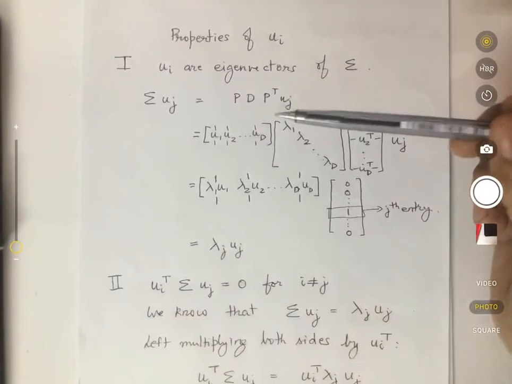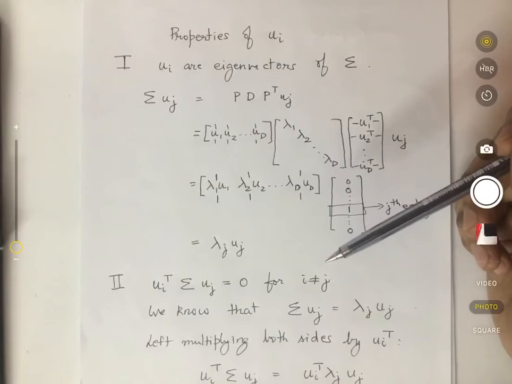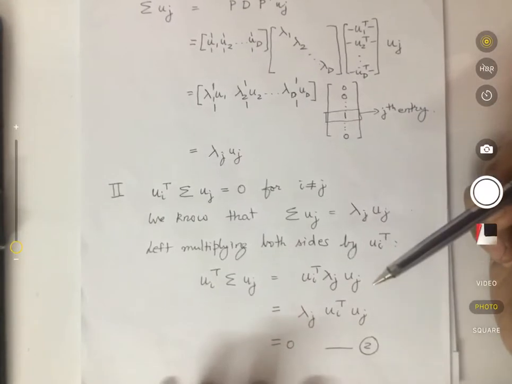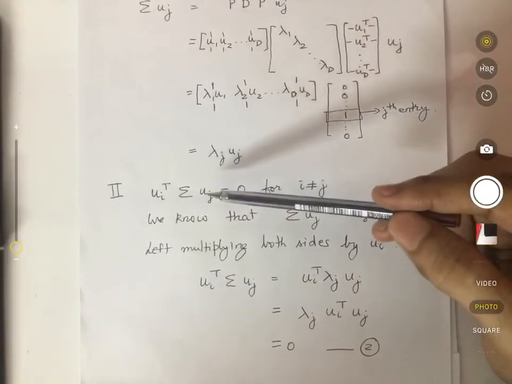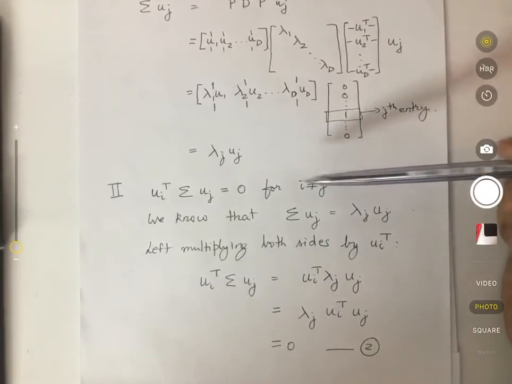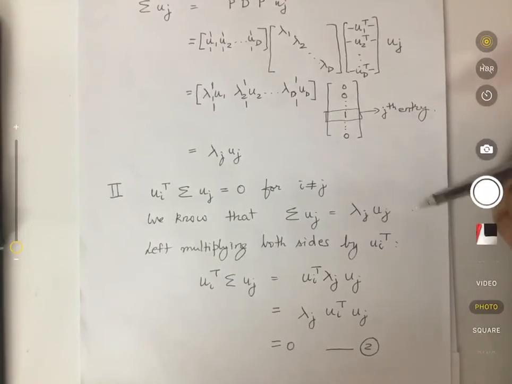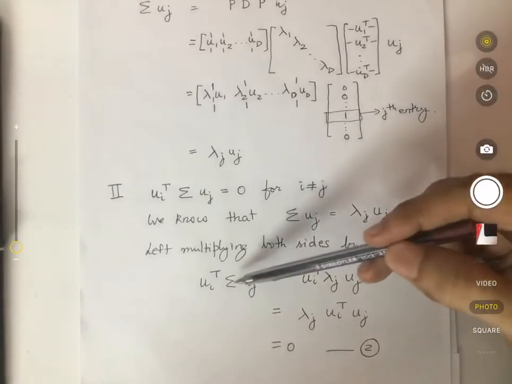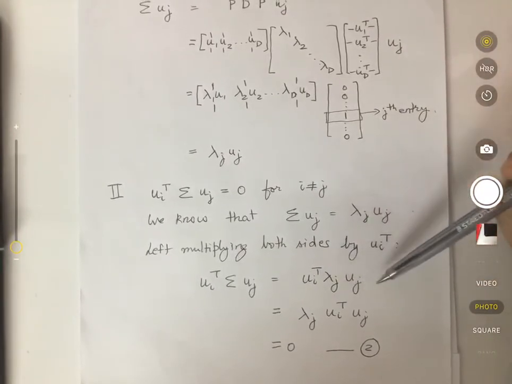Now let's go on to the second property of these eigenvectors, as we have just proved. It's true that ui transpose sigma uj is 0 for i not equal to j. We already know that sigma uj is lambda j uj. So when we left multiply both sides by ui transpose, we get ui transpose sigma uj is equal to ui transpose lambda j uj.